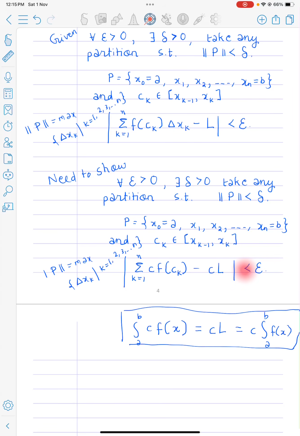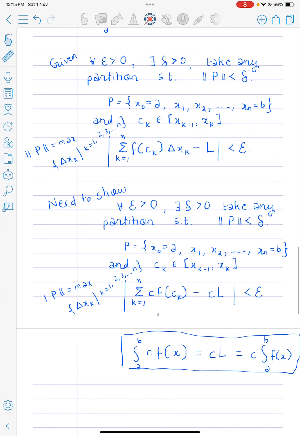So first, since I don't want to confuse you, I will use this epsilon 1, and I will denote it by epsilon 1. So I have changed it to epsilon 1. I want to find a delta such that I can make this thing true.